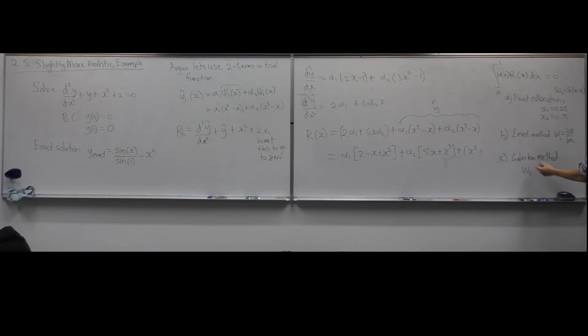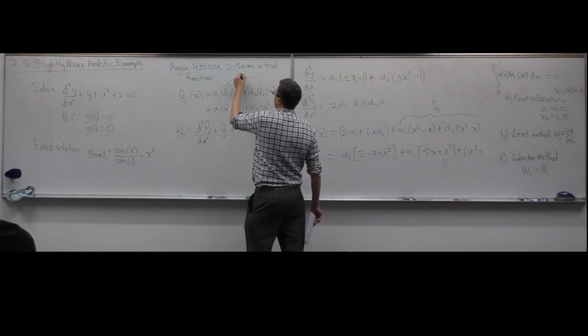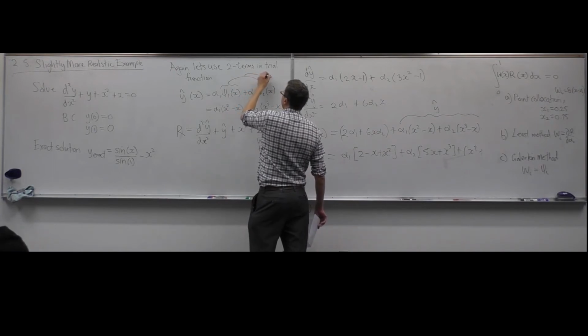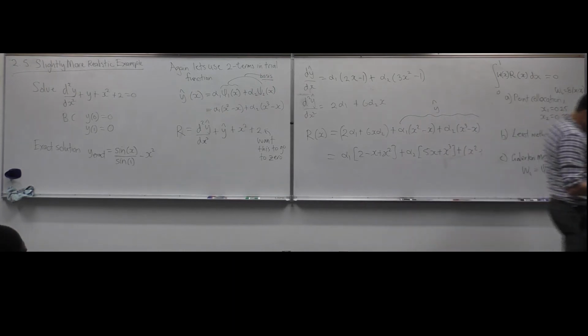And then for the Galerkin method, the weighting terms are equal to the basis functions, psi i, where these are the basis functions, right? Okay, so let's see what we get. I'm going to evaluate these 3 in MathCAD.